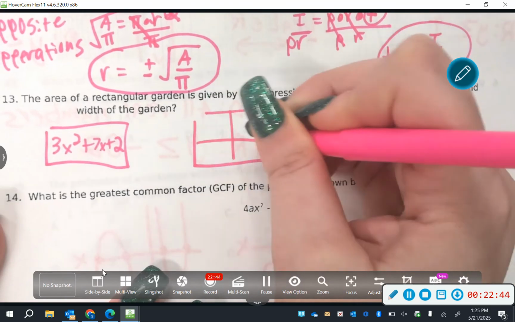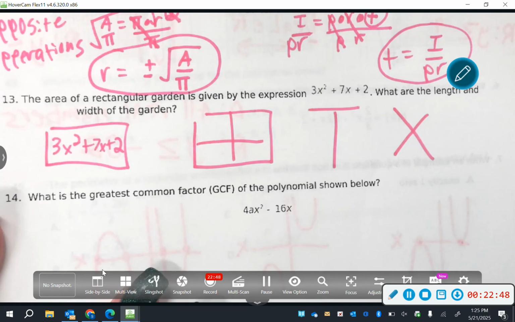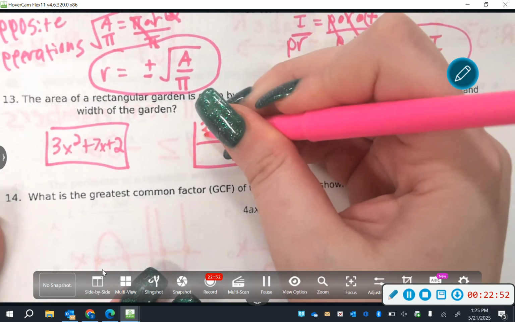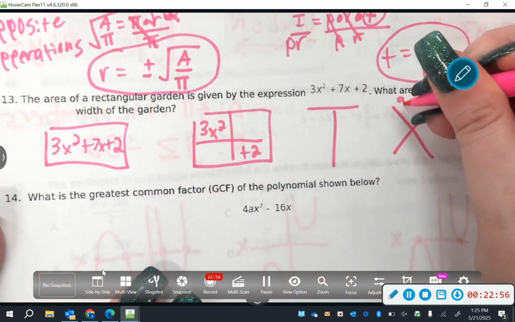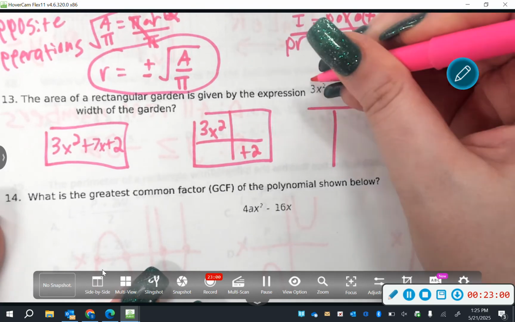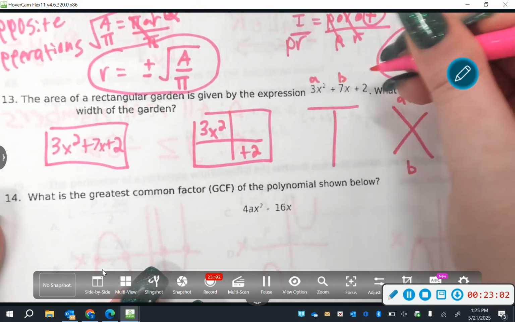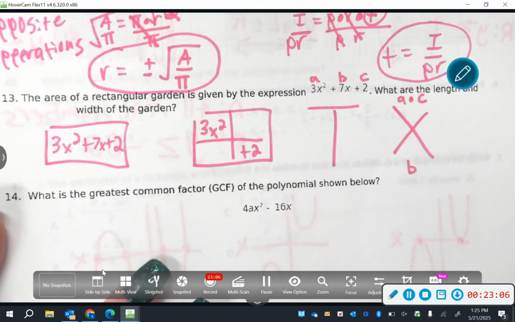So here's my box. We're going to put our 3x squared here and our plus 2 here. As a reminder, this is your A times C, and this is your B. A is in front of x squared, B is in front of your x, and C is your constant, your number by itself.